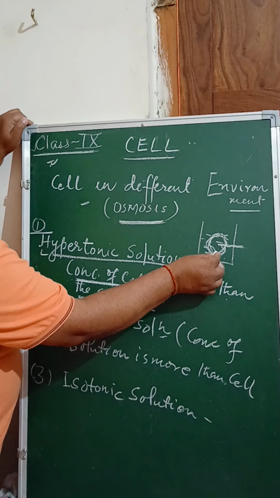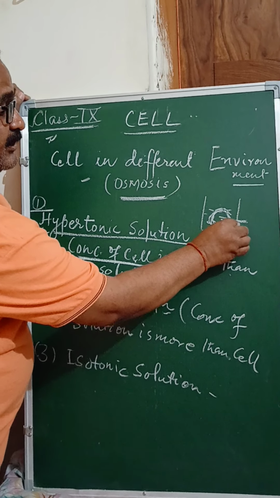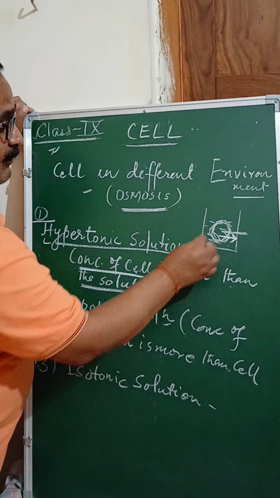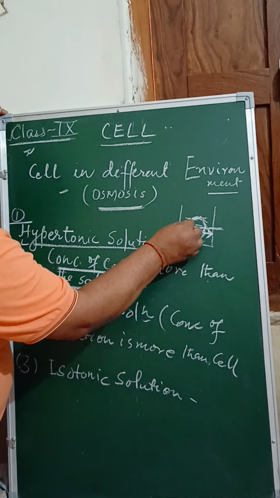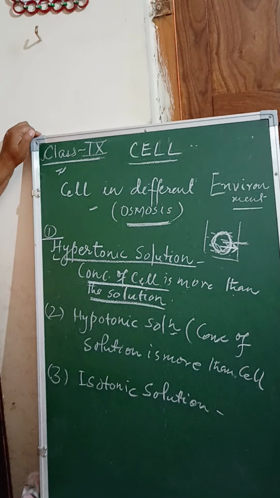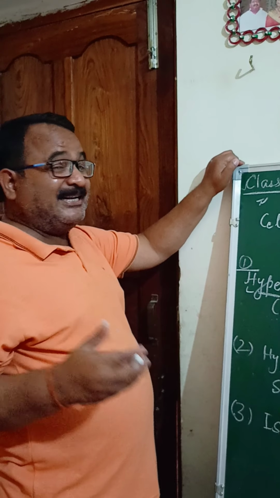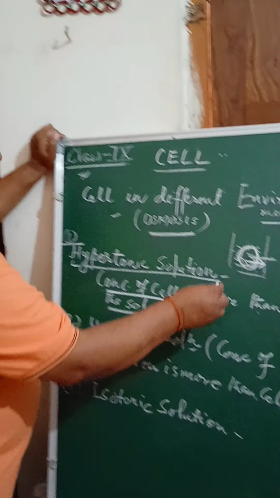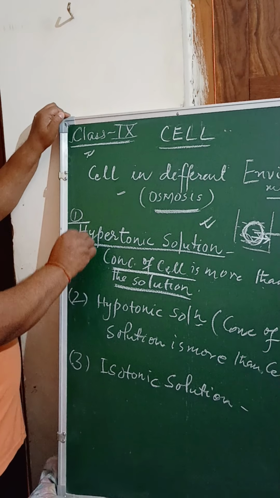So the transportation takes place from resin to solution, resin to container, and so what happens? We see that the shape of the resin becomes small, or you can say it shrinks. So in this way the cell behaves in a hypertonic solution.